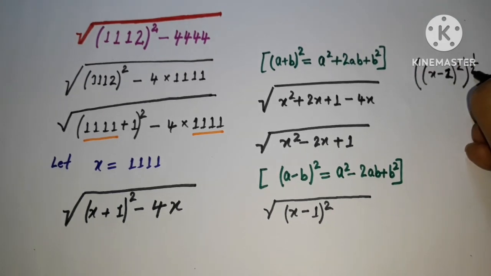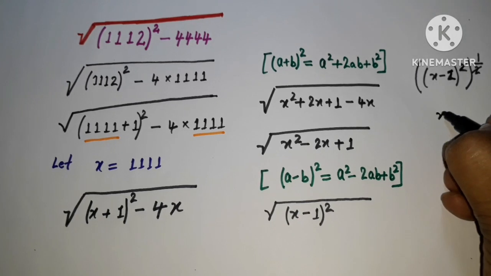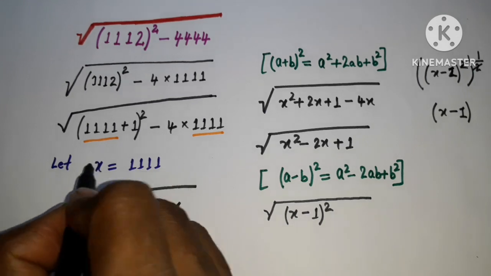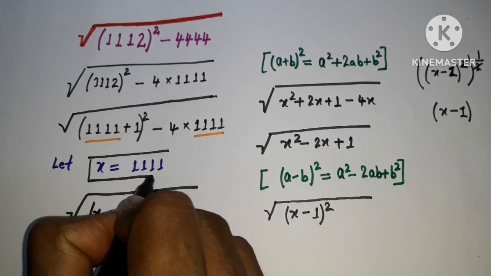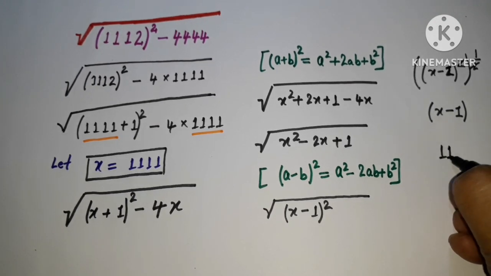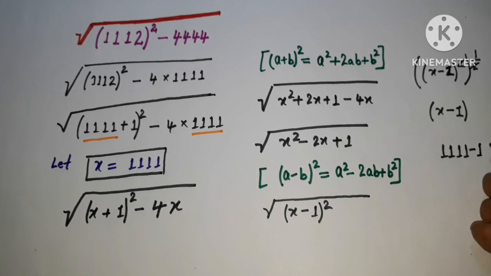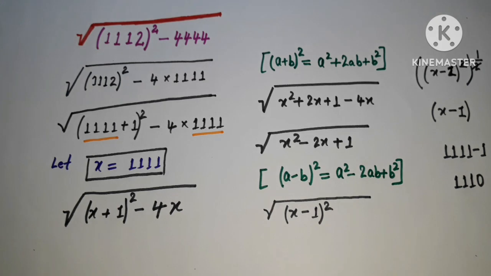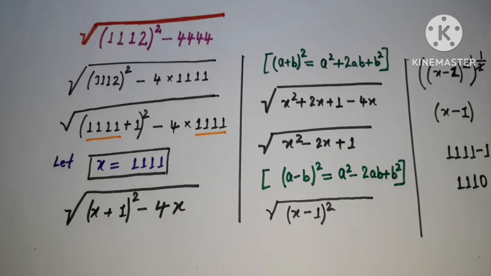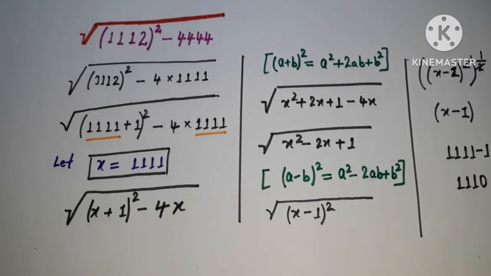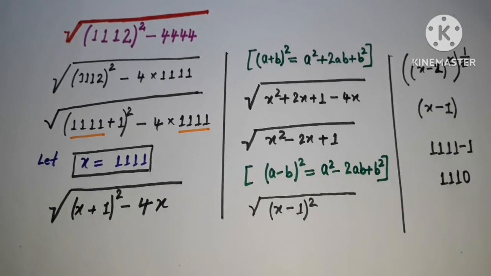We have already assumed that x is equal to 1111, so I'm just going to put this value over here. 1111 minus 1 gives 1110, and this is our solution for this equation. This value is what was already given inside our root.